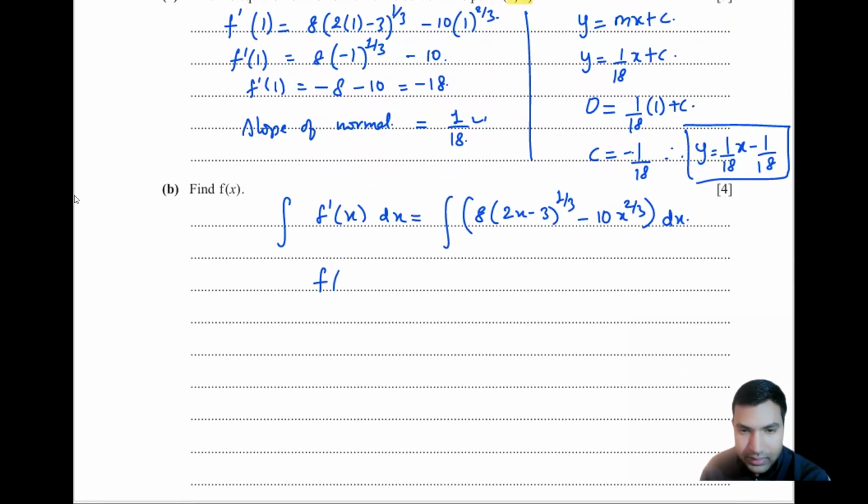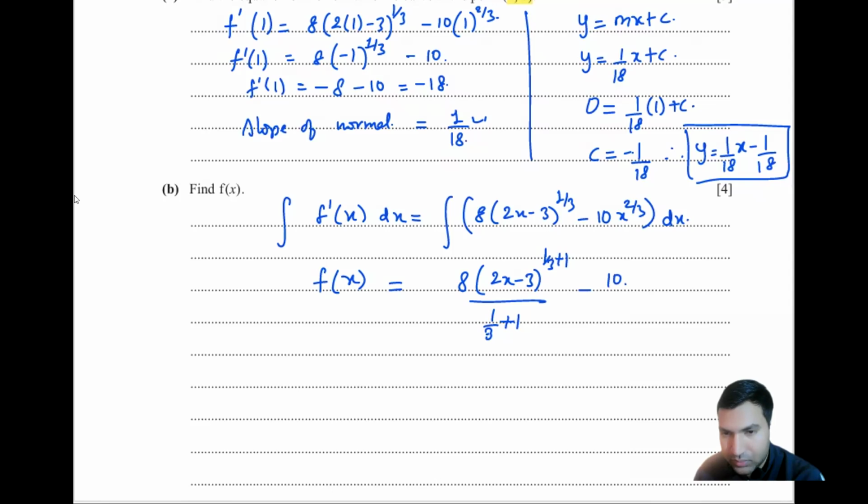When I integrate this, it will become f of x: 8 is the constant as it is, the function 2x minus 3 as it is, you increase the power by 1, and do the same thing in the denominator, plus 1. Minus 10 as it is constant, x to the power 2/3 plus 1 over 2/3 plus 1. Since it is an indefinite integral, plus c.